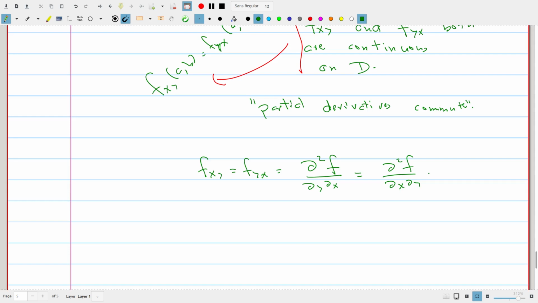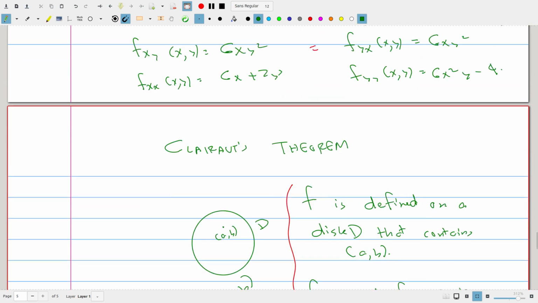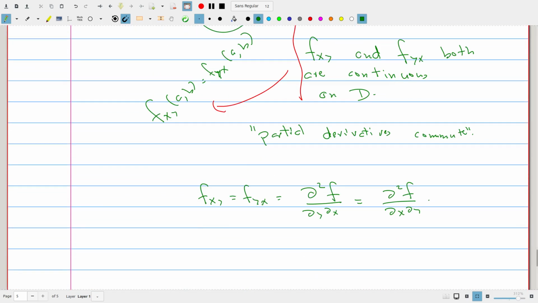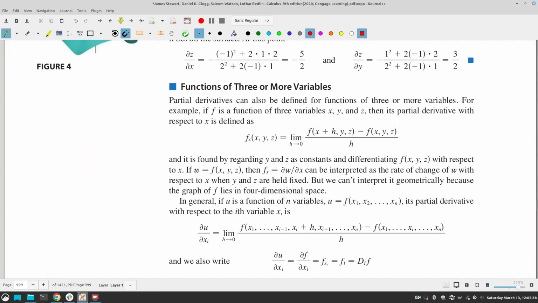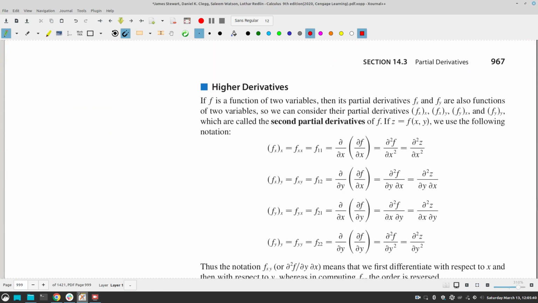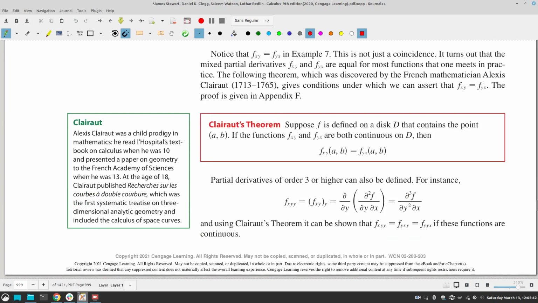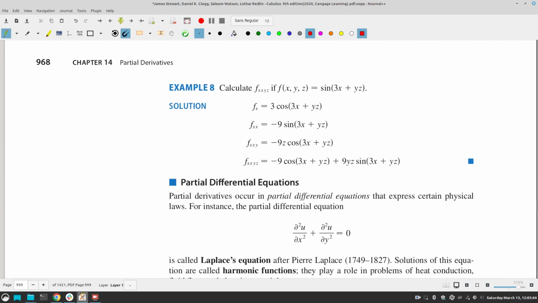All right, I think that's enough for 14.1. If you still have trouble calculating partial derivatives of higher order, please have a look at the following examples.